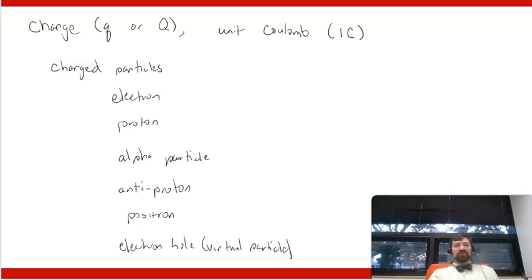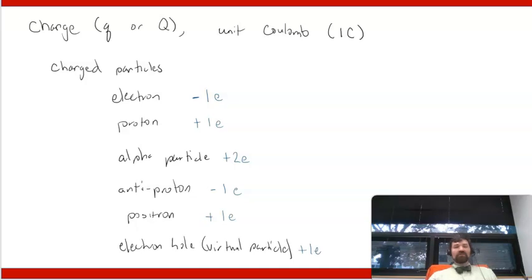The charge that we use for these is in units of what's called the elementary charge. So this one would be -1 of the elementary charge. This one is +1. This one is actually +2. This one is -1. This one is +1. And this one is +1.